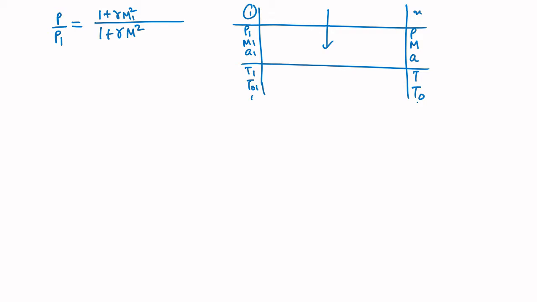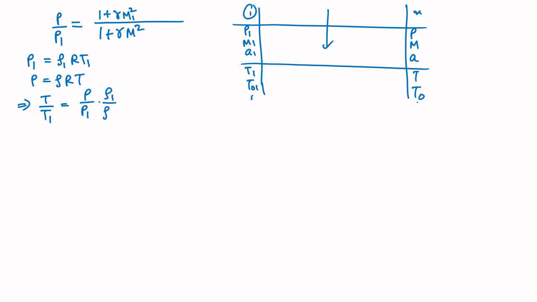So to develop the temperature equation, we can once again go back to the ideal gas law. P1 is equal to rho 1 R T1 and P is equal to rho R T. Okay. So therefore, T by T1 is essentially P by P1 times rho 1 by rho.